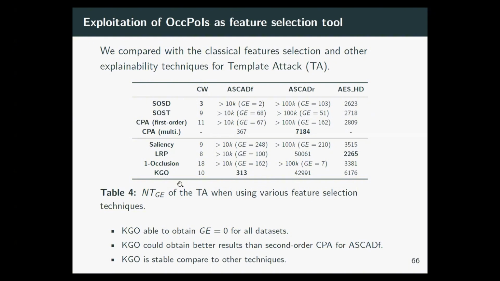What we found was that using KGO as a feature selection tool, we managed to recover all the keys for all the data sets. Furthermore, it can actually obtain a better result than second order CPA for SCARF fix. This shows that KGO is actually much more stable compared to other techniques.